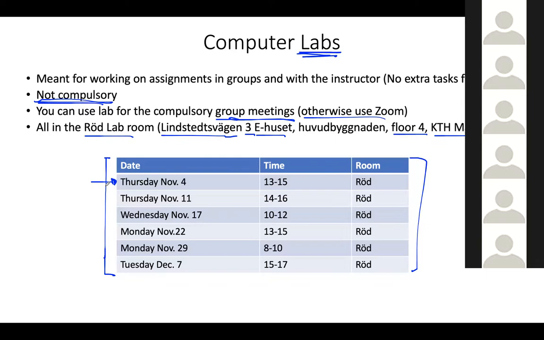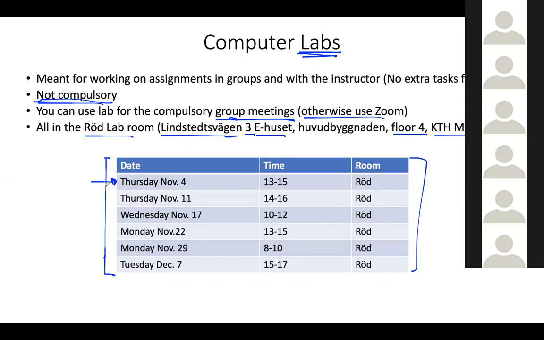Okay, and as I see, there are 6 lab sessions for 4 assignments, so basically you can decide what assignment you want to do in which lab session. Exactly. There might be, for instance, 2 lab sessions on the same assignment. So there is no mapping between labs and assignments. There might be more than 1 lab per assignment.